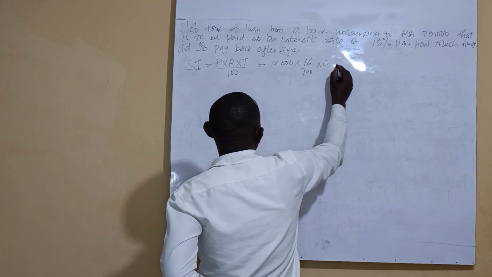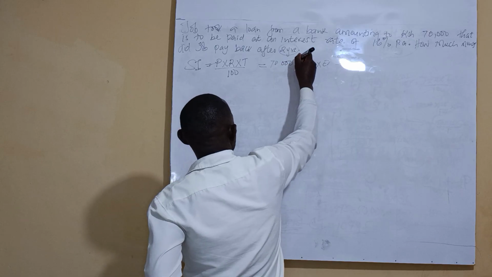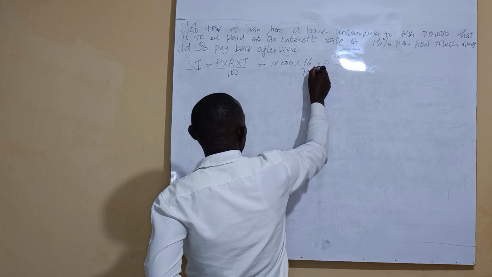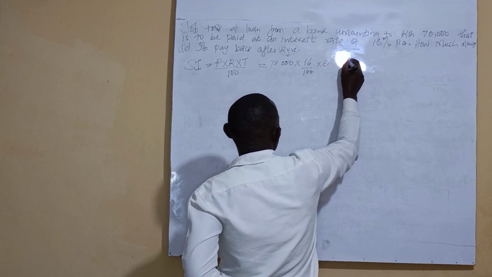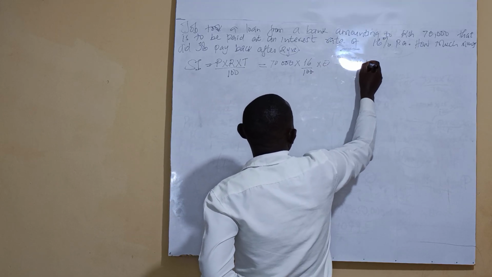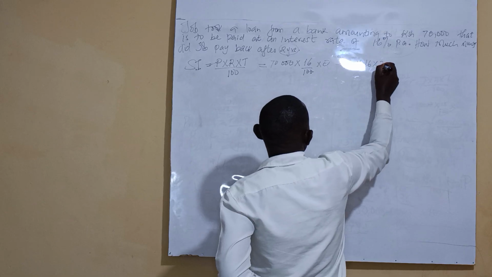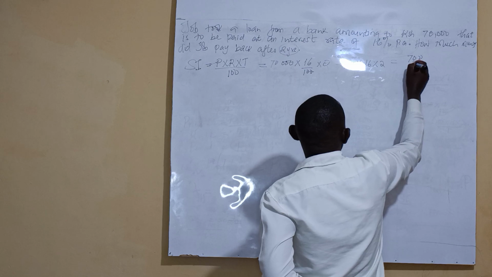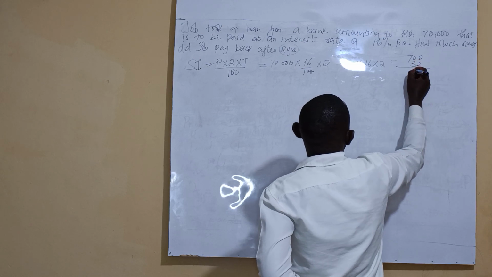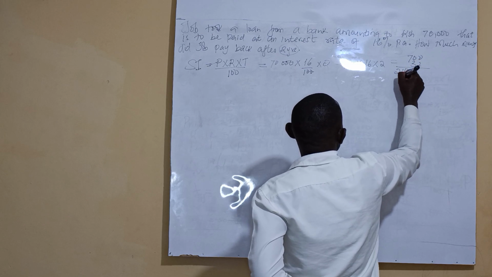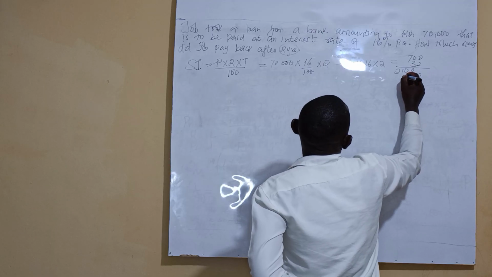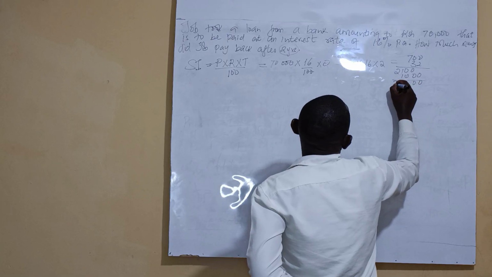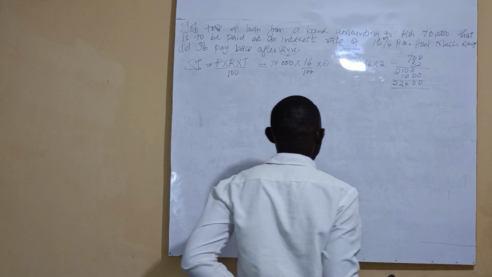Then from there we can simplify: 2 zeros cancel with 2 zeros, and we have 700 times 16 times 2. So this is simply 700 multiplied by 32. So you get 22,400.